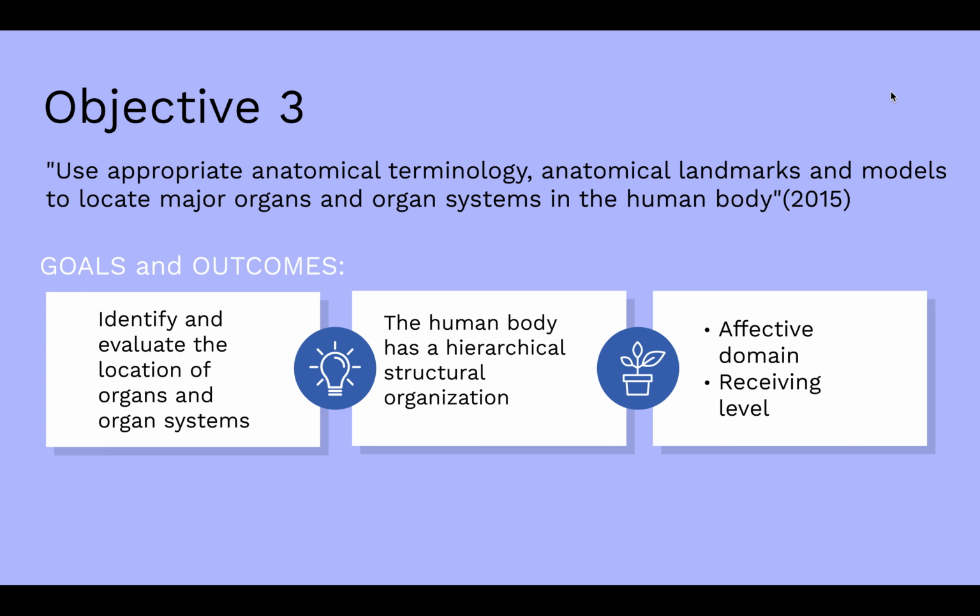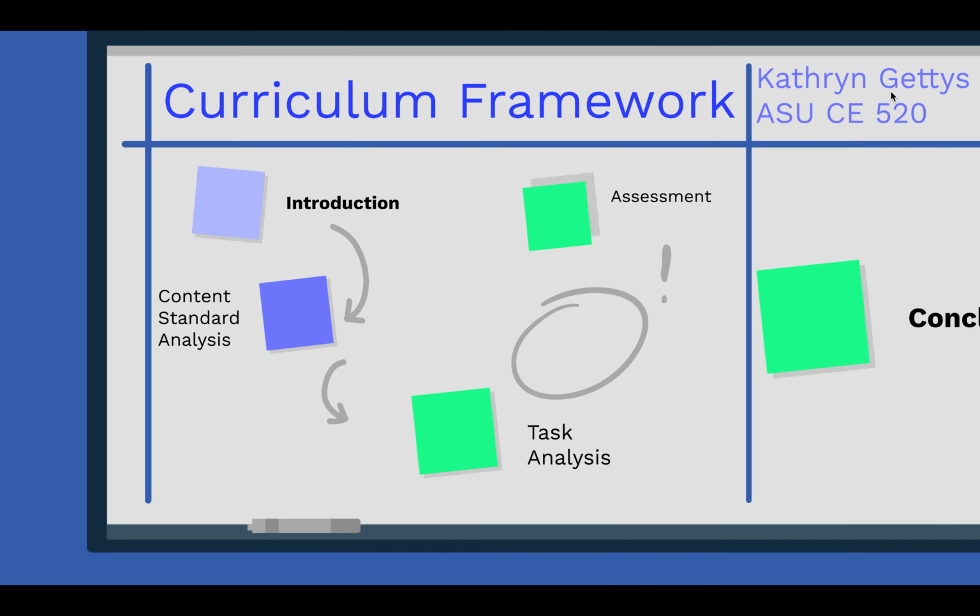They will understand that the human body has a hierarchical structural organization, and all of the body systems have a very similar unit structure where they start out with atoms and then it progresses to cells, and then from cells you have tissues, and from tissues you have organs, from organs you have organ systems, and then the entire organism that the human body is. This will be in the affective domain with the receiving level.